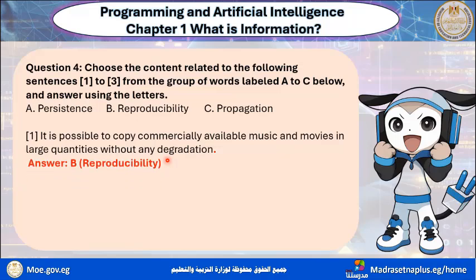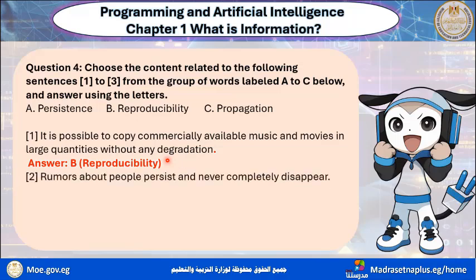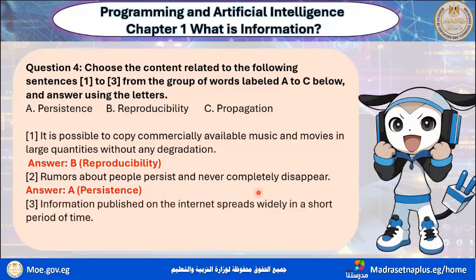Reproducibility. Number 2, rumors about people persist and never completely disappear. So this is type of persistence. And 3, information published on the internet spreads widely in a short period of time. And this is propagation.